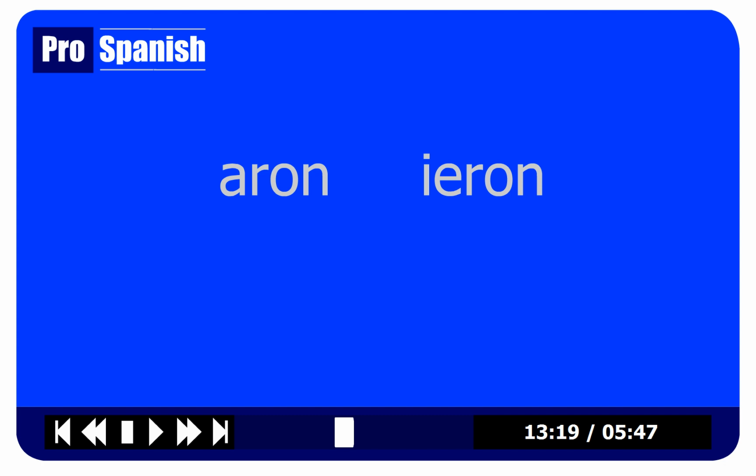So they is aron, ieron. And you will notice that in the present tense, the ending for they had an N, and the same in the past. The last part is an N. Aron, ieron for they.